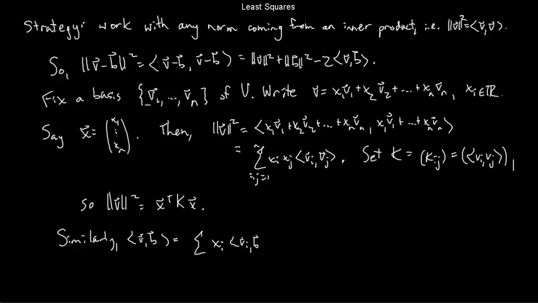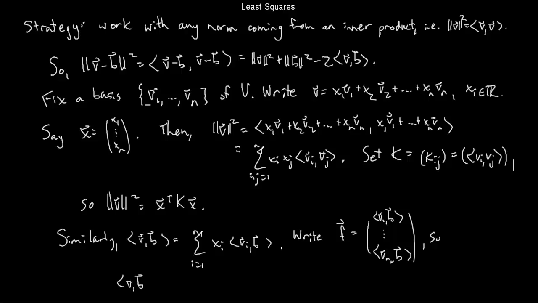If you take v dot b, you get the summation of xi's times vi dot b's. And let me take the vector f to be v1 dot b, v2 dot b, down to vn dot b, again for convenience. So this v dot b thing really just looks like x transpose f.